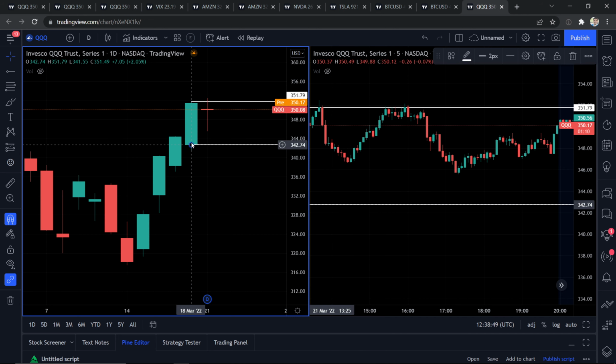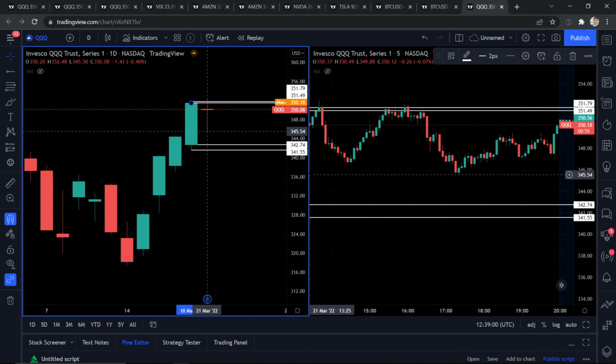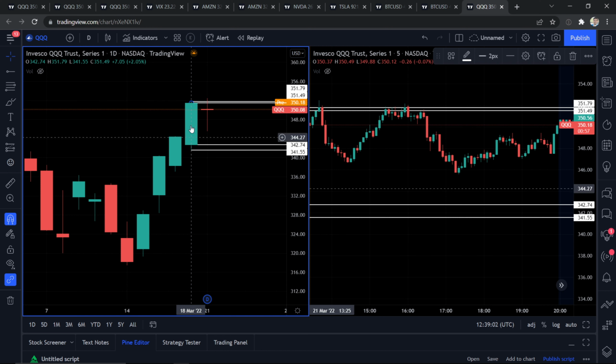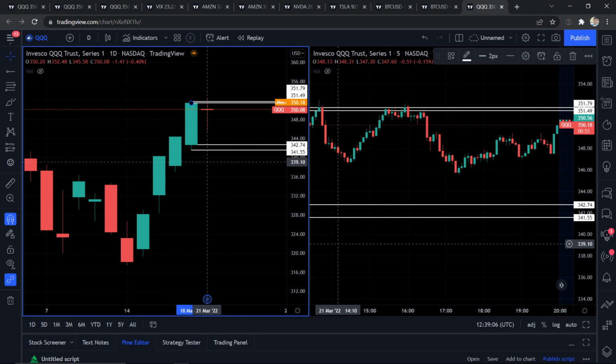Friday's open was 342.74. Friday's low was 341.55. All right, and Friday's close was right near the high, which was 351.49. So understanding where those levels are is important for you to trade the market open.